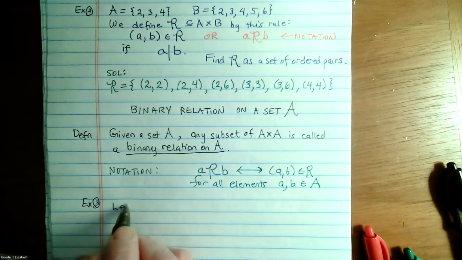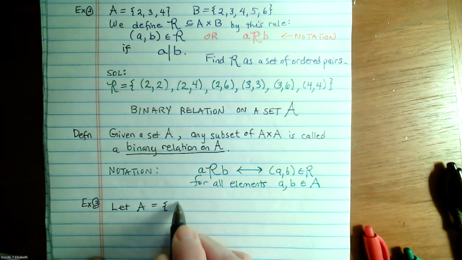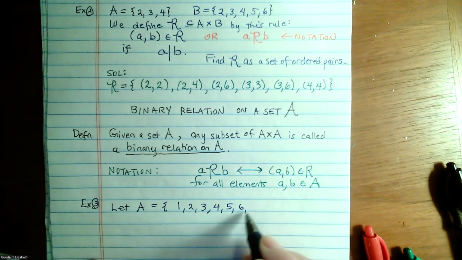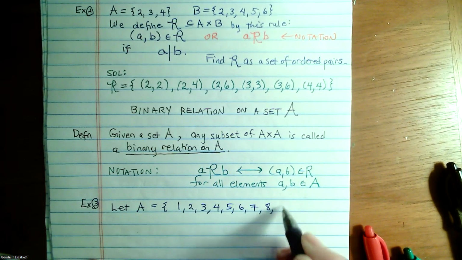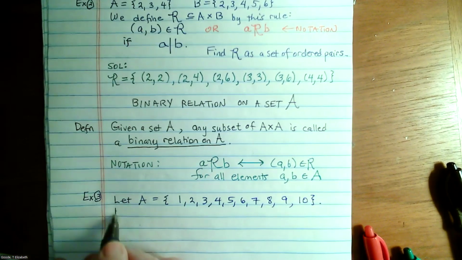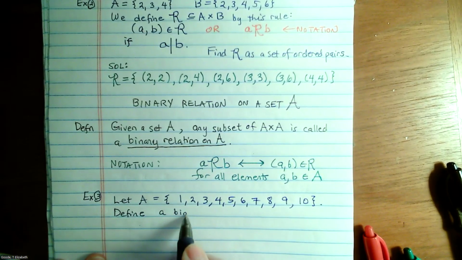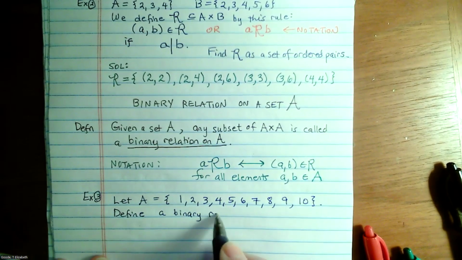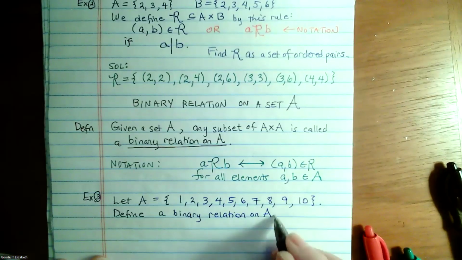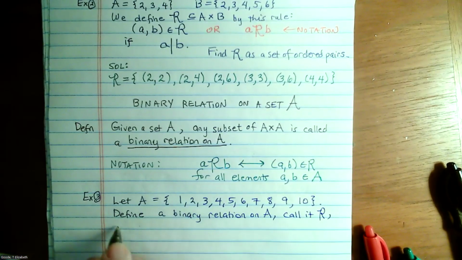All right, we're going to do a big one. We're going to let A be this set. It's got 1, 2, 3, 4, 5, 6, 7, 8, 9, and 10 in it. We're going to define a binary relation on A. We're going to call it curly R as follows.